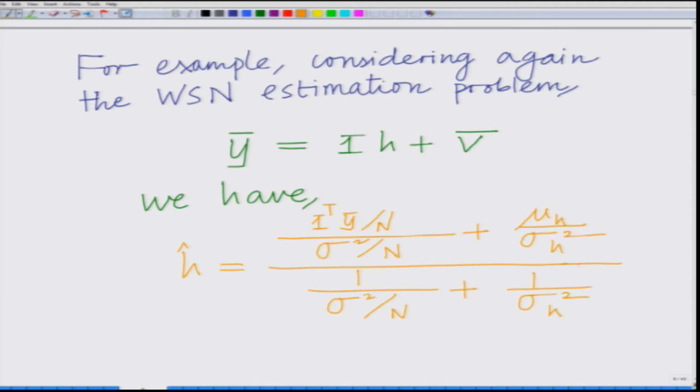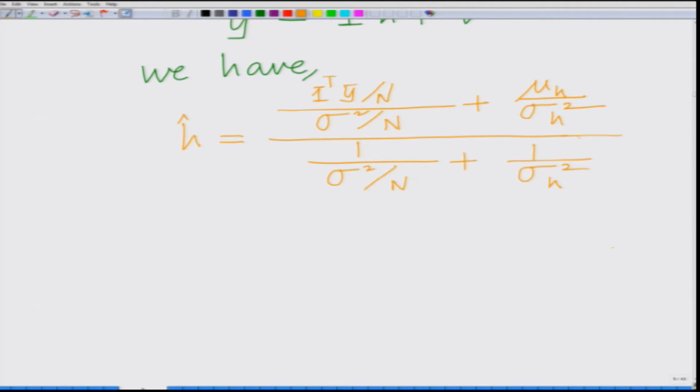This is the MMSE estimate, and this is also the posterior mean, that is the expected value of h given y bar.